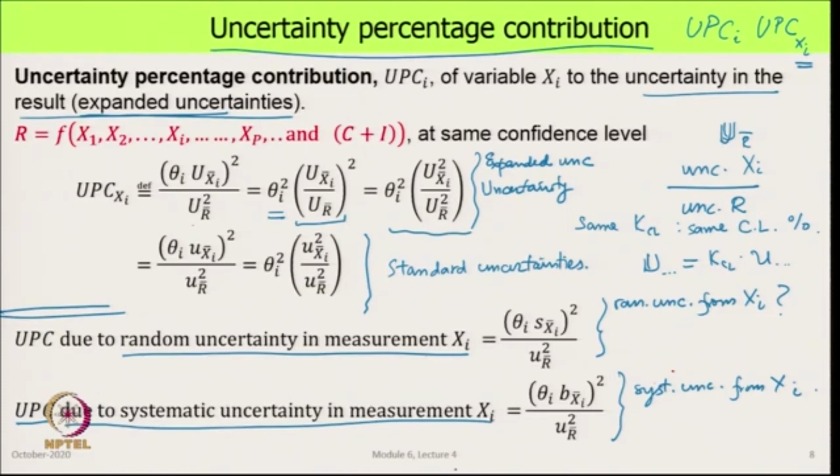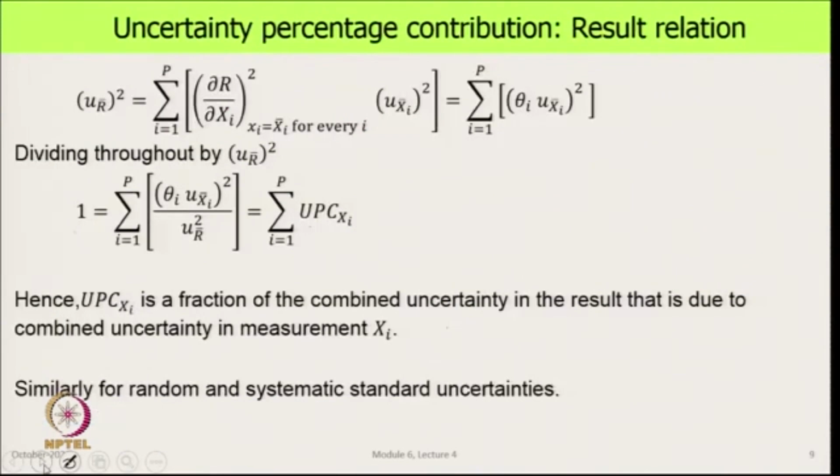So, when we talk of uncertainty percentage contribution, our default condition is that it is the ratio of the expanded uncertainty of the measurement to the expanded uncertainty of the result, that whole thing squared. That is what our prime definition is. If we want to look at systematic and random uncertainties, then we have to specifically qualify that it is UPC due to this or due to this.